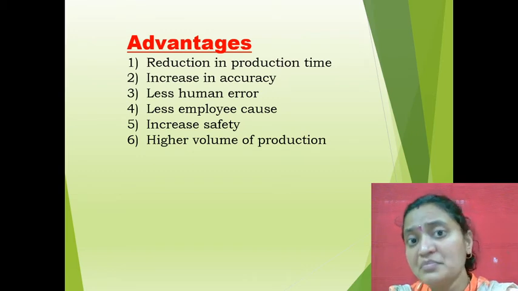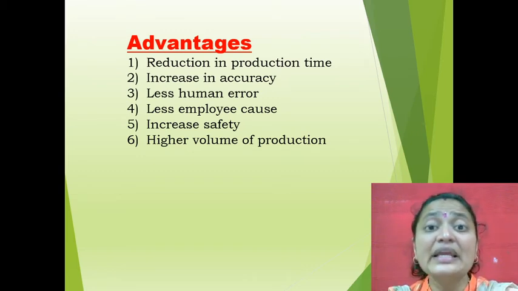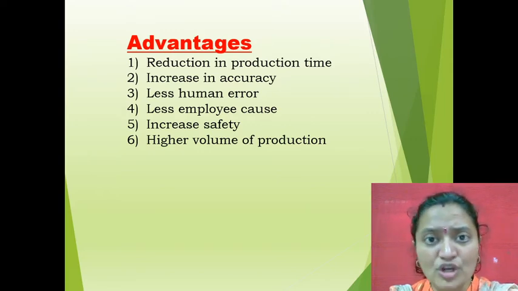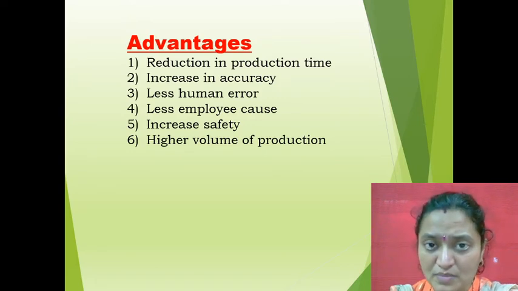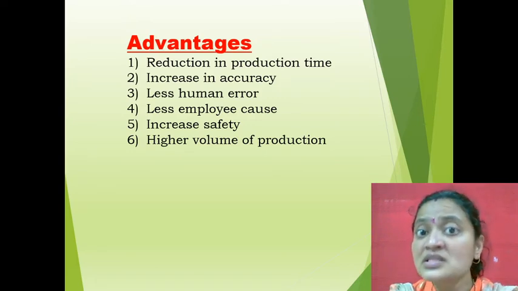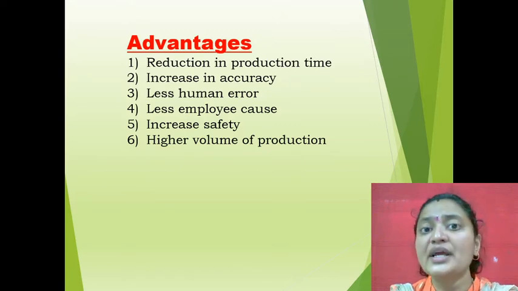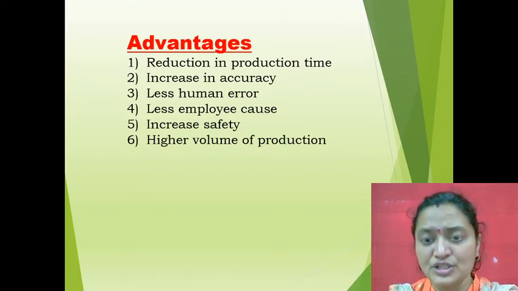Whereas a human mind can commit any kind of mistake. Then less employee cost, even if the employees face difficulties or problems. Then increase in safety and higher volume of production, you can get good results and good production.